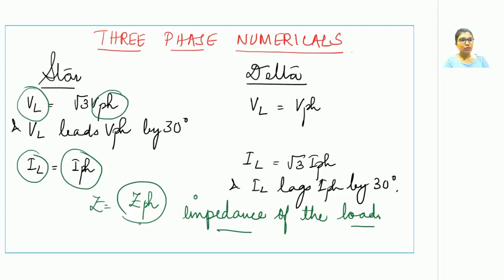Now as you can recall over here, I have always written Z as Z subscript PH, which represents the impedance per phase. Now one must be curious about one thing, why aren't we writing Z subscript L? The reason is, for our numericals in star and delta connection, one does not require a ZL.